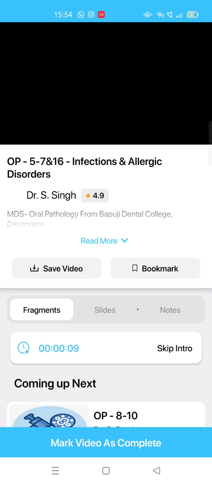Basically, they are white colored specks, white colored lesions, which are surrounded by erythema, red color. Since they are predominantly white in color, they have been compared with salt granules or white sand granules.